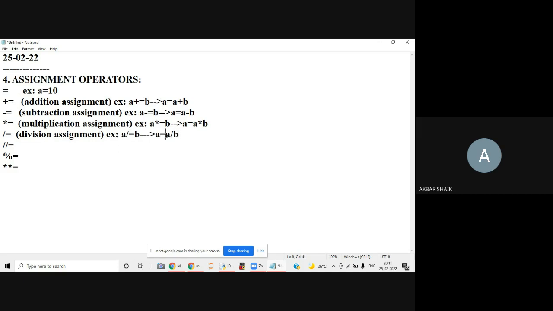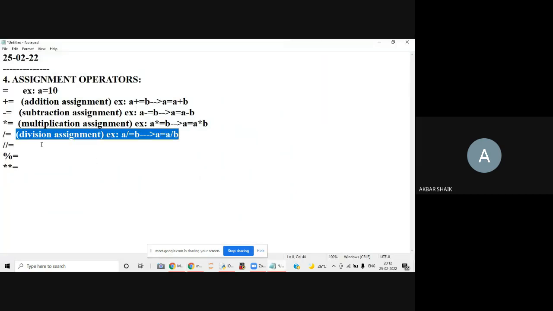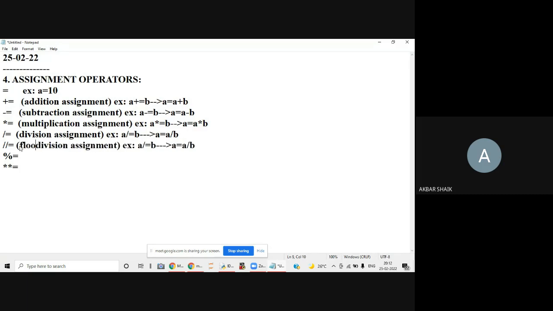First divide, then assign. Next, this is floor division assignment. Floor division assignment means first we are going to perform the floor division operation, then we assign. Example, a double slash equals to b. That is nothing but a equals to a double slash b.